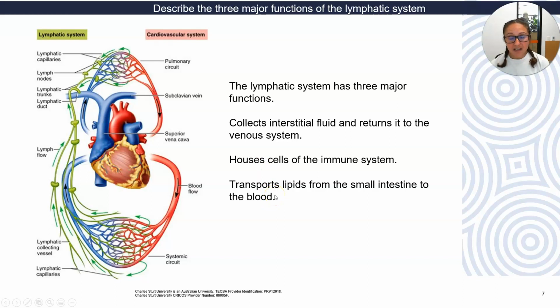And the other thing that you probably didn't know about is that the lymphatic system is involved in transporting fat. And we're going to look at that later. So don't worry too much about that now. We can look at it later in 175 when we finish 165 and we recover from all the coffee that we have been drinking.